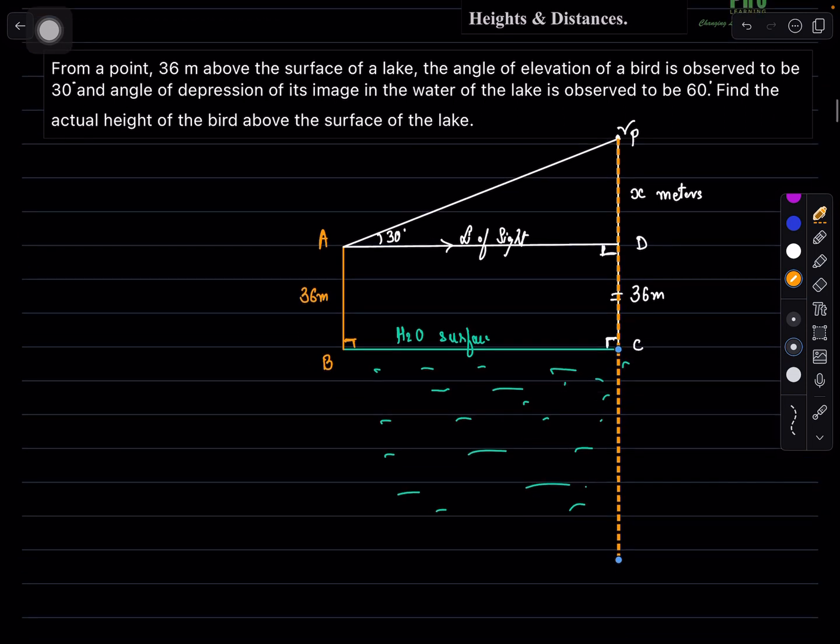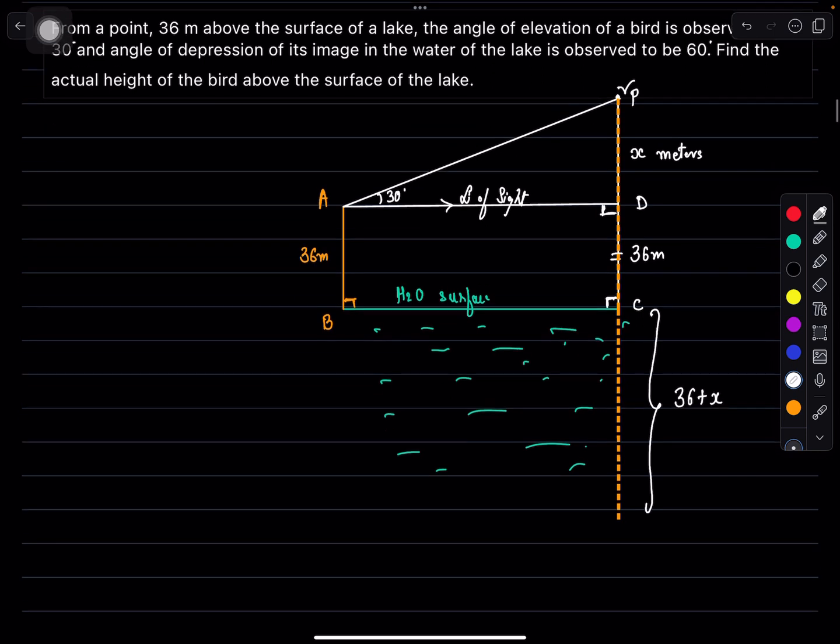So this distance for us is 36 plus x meters.